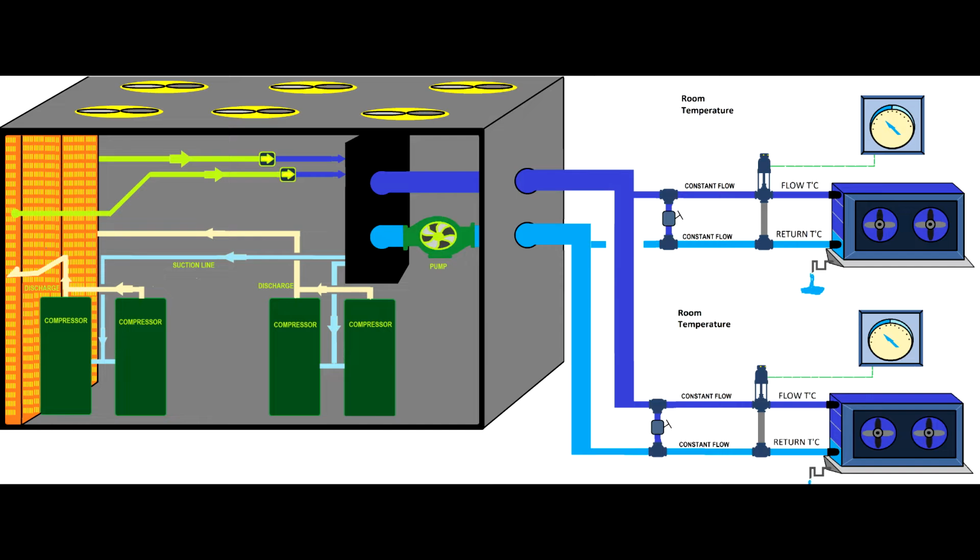So the water exchanges heat indirectly with the refrigerant inside that plate heat exchanger. The water comes in warmer than the temperature when it's going out from the plate heat exchanger. The darker blue color means cooler. The lighter blue color means warmer. So I hope we clarified this.